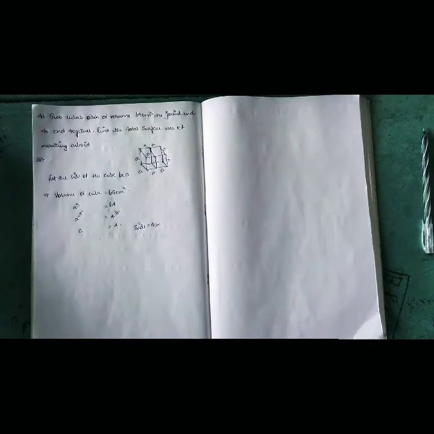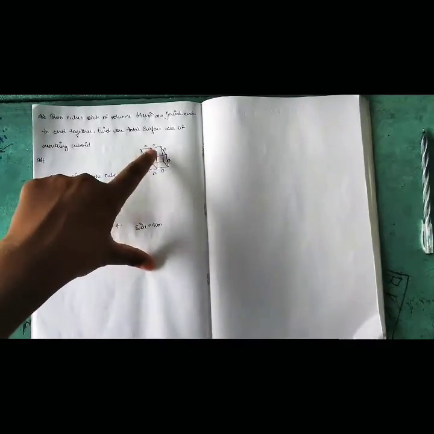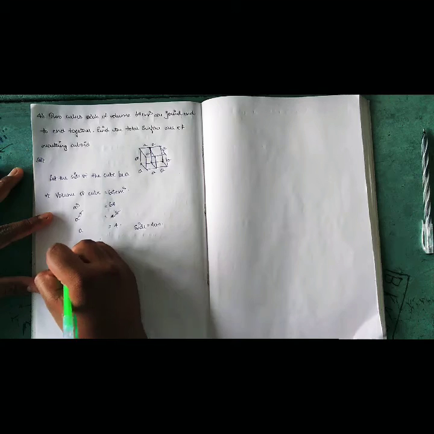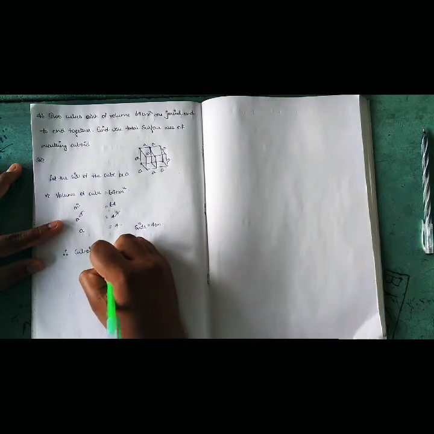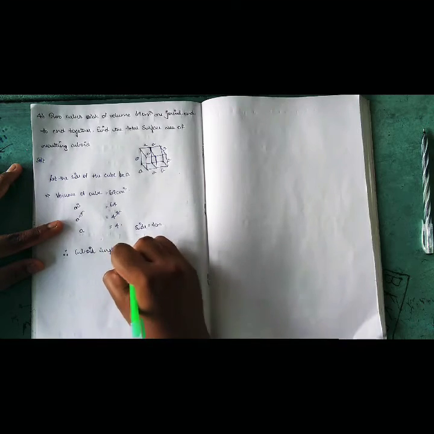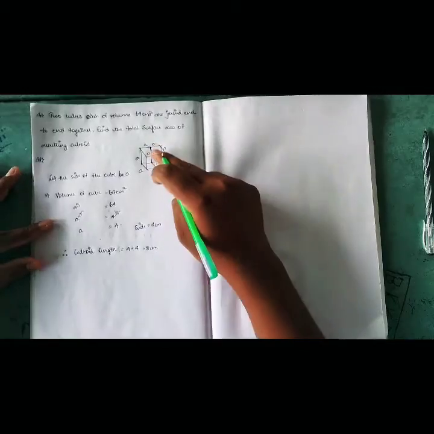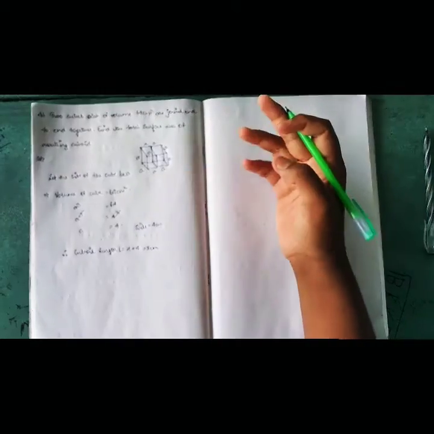Now two cubes of side 4 centimeter are joined end to end to form a cuboid. Therefore the cuboid length L is 4 plus 4, which is 8 centimeter.